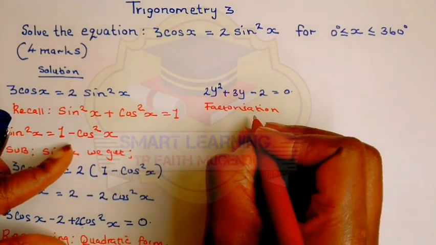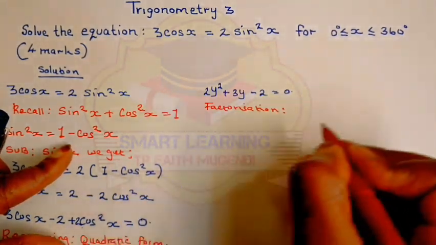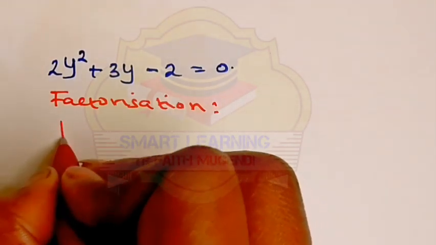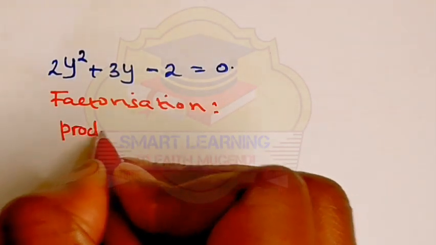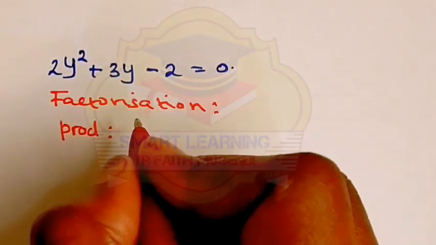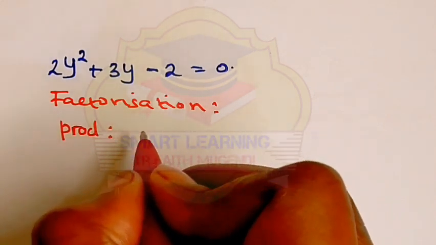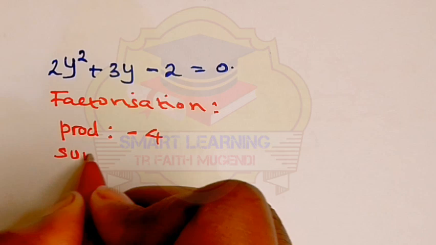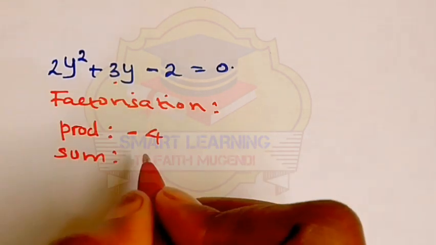To solve this, I shall have a product. I will multiply the coefficient of y squared times c, and we shall have -4, and the sum is 3.